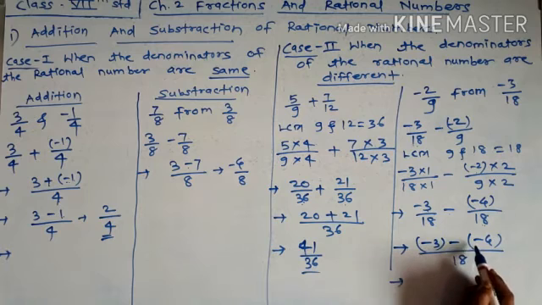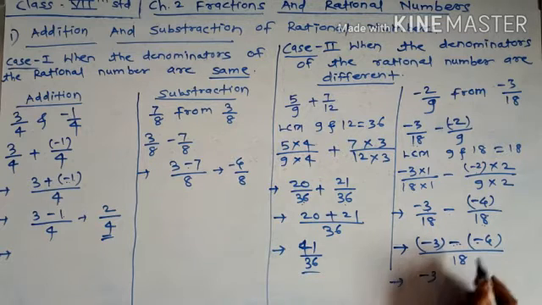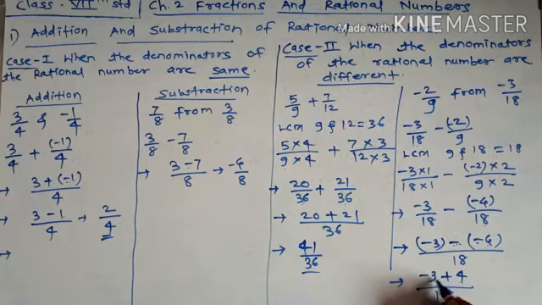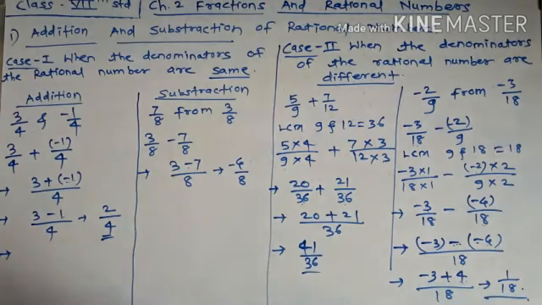Now to open this bracket, we multiply these two signs, and we know that minus into minus becomes positive, and 4 remains the same. So here 4 minus 3, which is equal to 1 upon 18. So in this case we can subtract two rational numbers having different denominators.